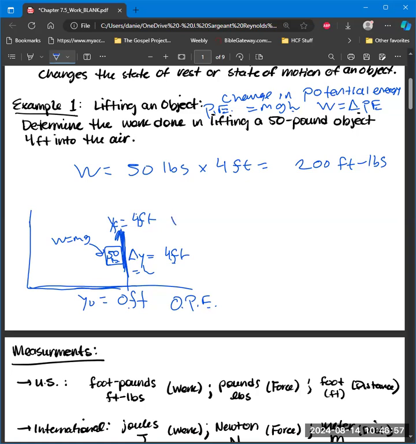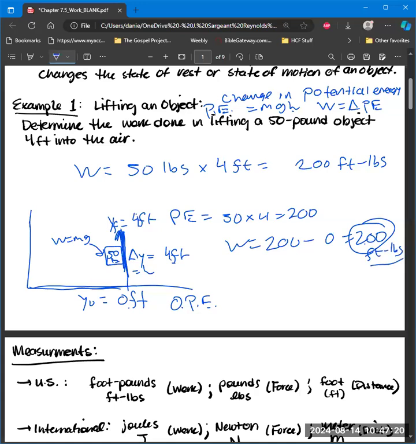Now you have a potential energy up here of mgh, 200. And so 200 minus 0 is 200.